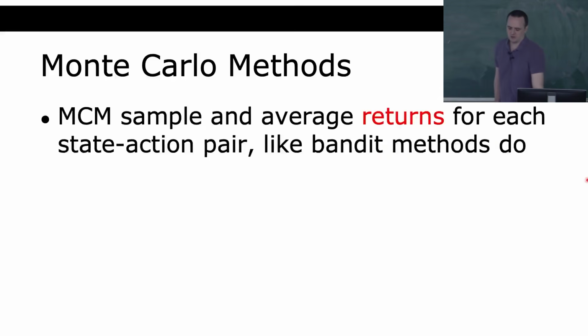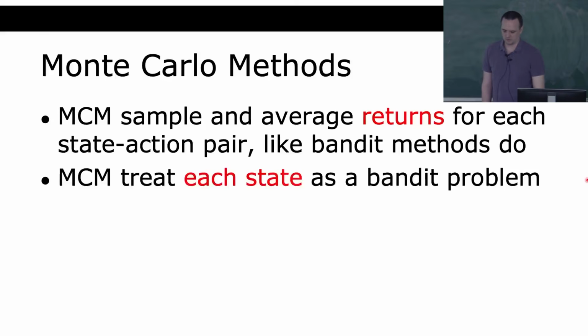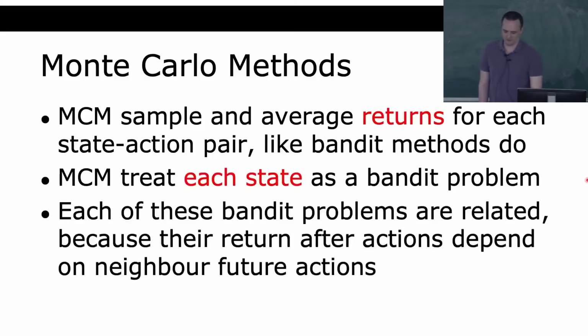So Monte Carlo methods, they sample and average the returns for each state action pair, just like our bandit algorithm that we saw before. And they're essentially going to treat each state as a bandit problem, right? So remember that bandit example we did with the 4 slot machines and we calculated the values? We're essentially going to be doing that update, but at each state. So at each state, you're going to have some number of bandits.